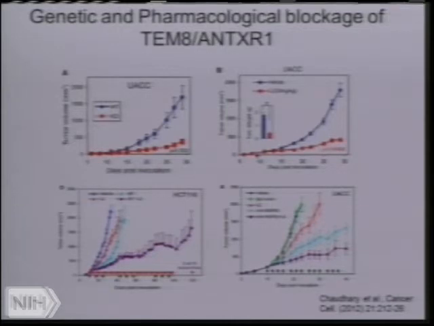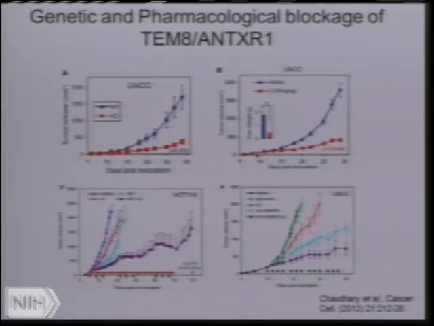He went ahead and developed antibodies to target this tumor endothelial marker 8. The antibody is called L2, and as you can see, when he treats the animals with this antibody, he observes a response similar to what happens with the knockout animal, a similar degree of tumor growth inhibition, suggesting that he's able to block pretty much all the TEM8 overexpressed within the tumor.